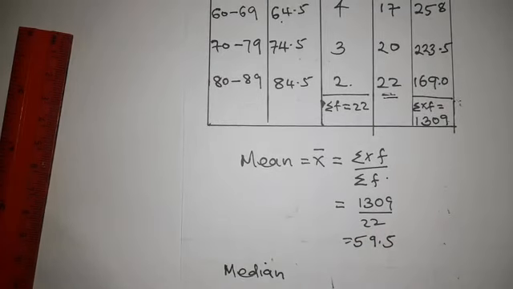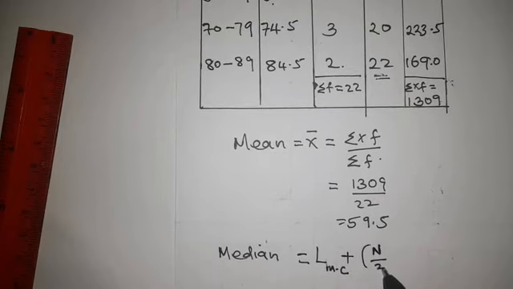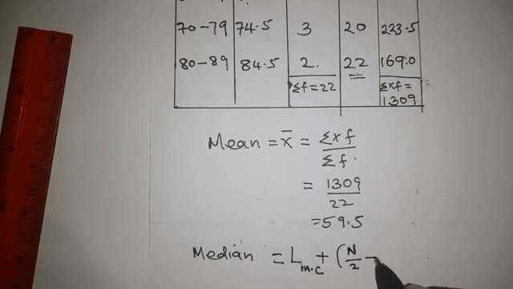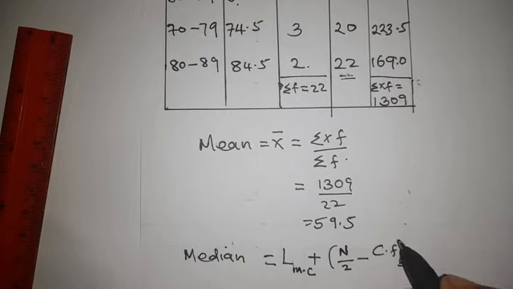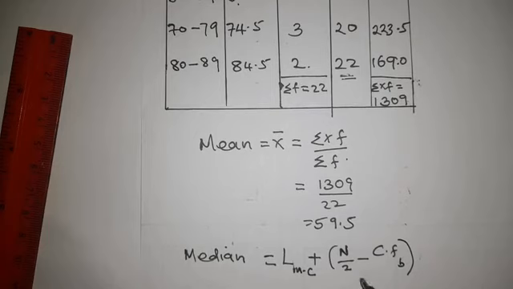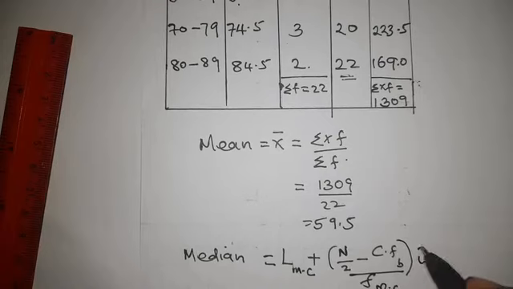And now we are going to use a formula, given by L of MC plus, N all over 2 minus CF of B, in brackets, divided by F of MC, times I. I will explain the abbreviations.